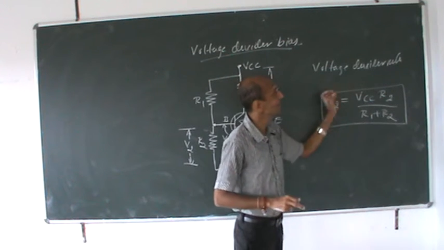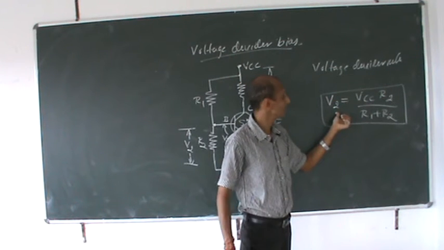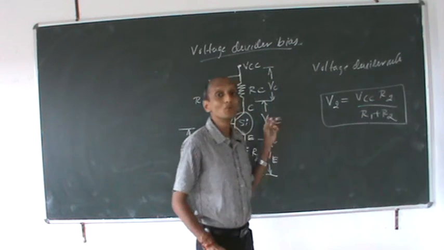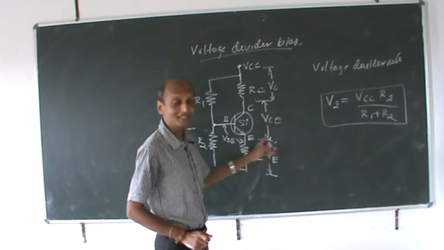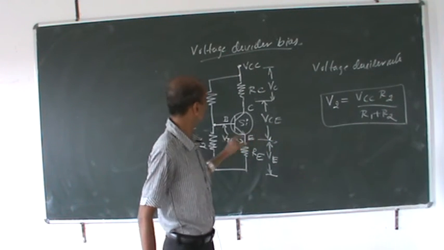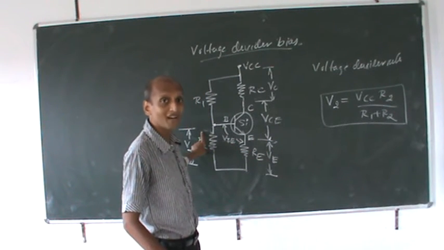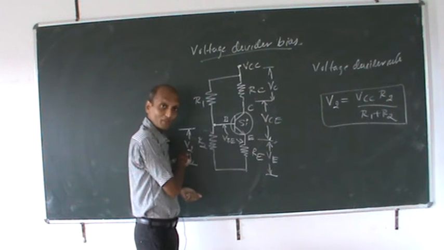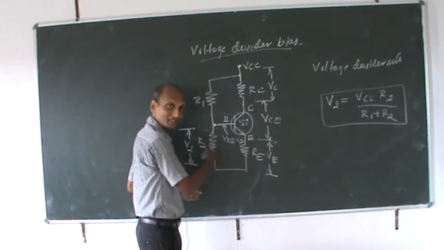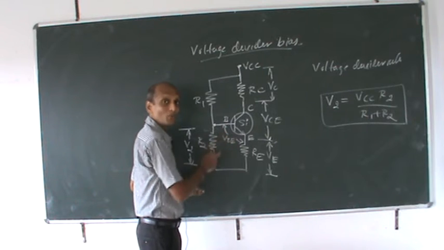This is how we can find the voltage drop across your R2 resistance, that is V2, by applying the voltage divider rule. Once we have found this V2, we can go for the input circuit to find the voltages.